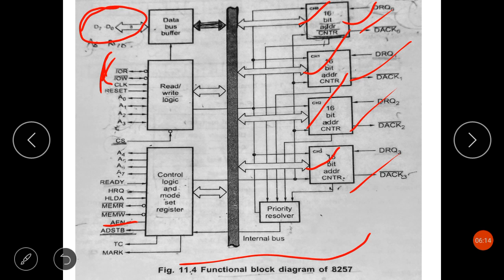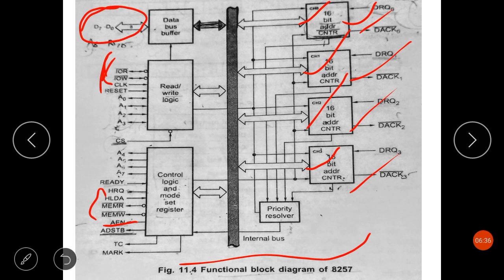Then next I'm going to talk about memory read and memory write, that is MEMR bar and MEMW bar. These are active low signals. Whenever I say active low, it means the signal, with the bar sign over it, gets activated when it receives a 0 signal.